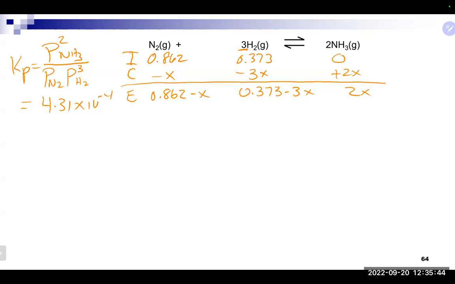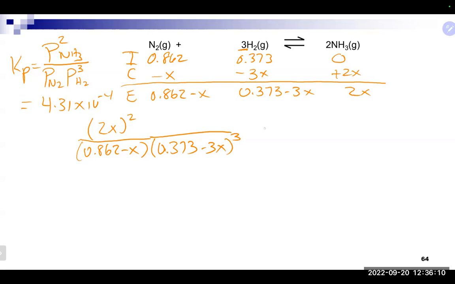Just like normal, we put our equilibrium line into the expression. That gets us 2x squared divided by 0.862 minus x, times 0.373 minus 3x, which we do need to cube as well, and that will equal 4.31 times 10 to the minus 4.